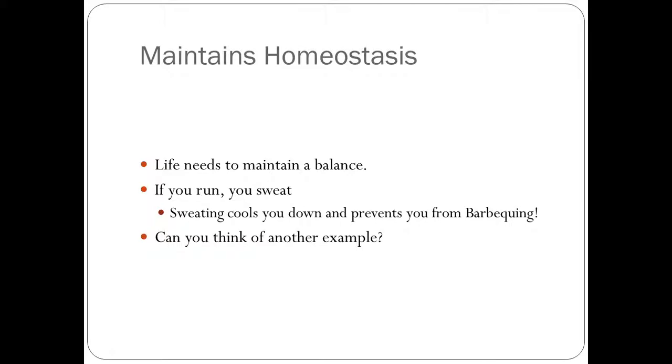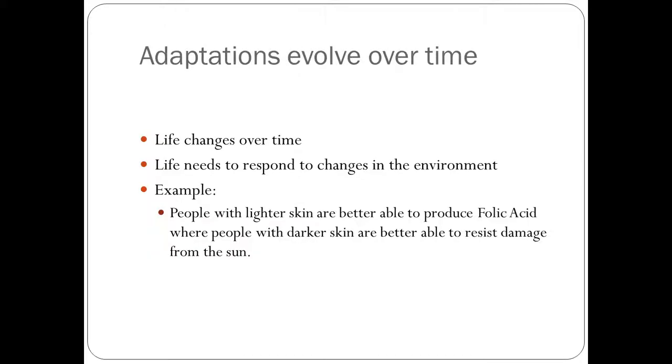Essentially it kills your proteins, which you'll learn about later on, but it can kill you to be too hot. So your body tries to find ways to maintain the right temperature, to maintain the right amount of energy, to maintain everything working in proper order. This is called homeostasis, and it's the idea that life has to maintain balance.